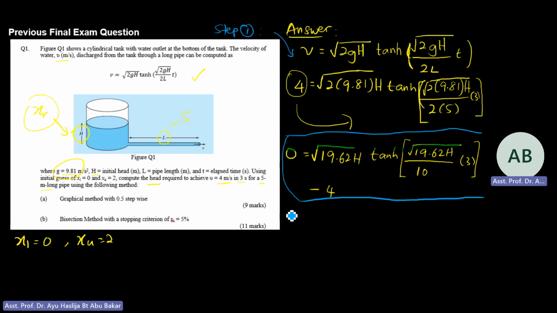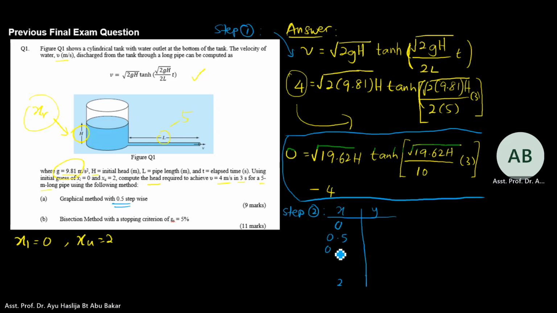Now step 2, find out the x and y in order for you to plot the graph. Between 0 to 2, the step size given over here is 0.5. So you find out the x and y values. X lower is 0, upper is 2, stepwise 0.5.